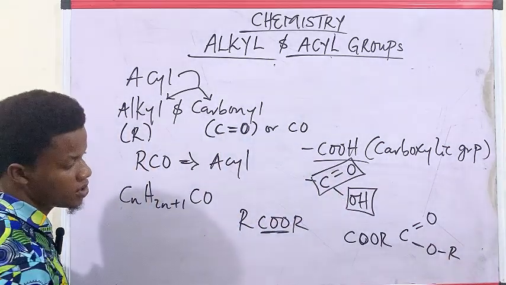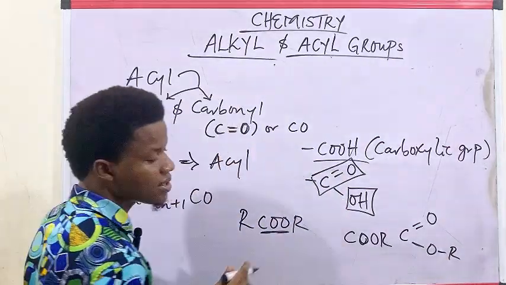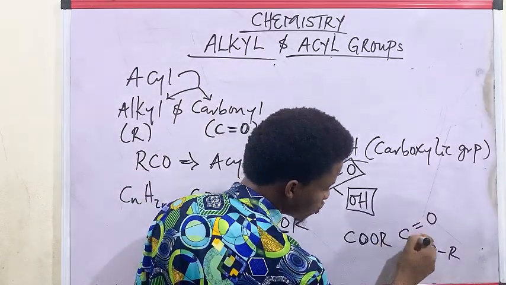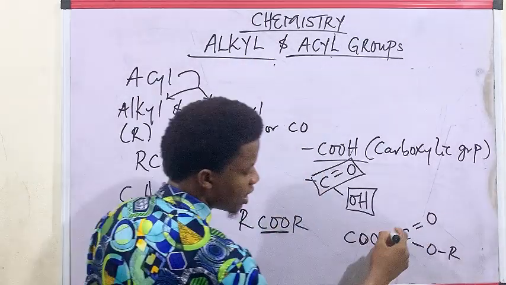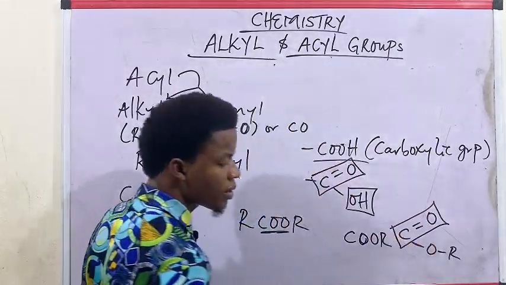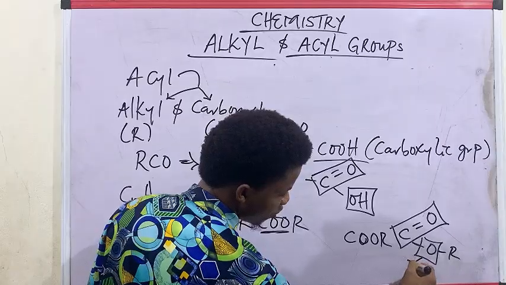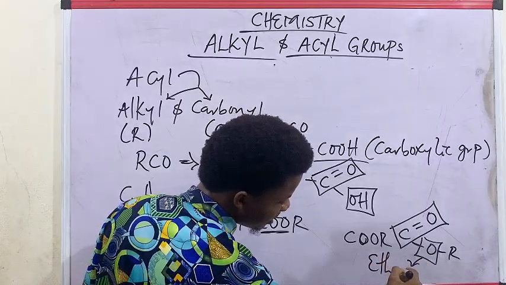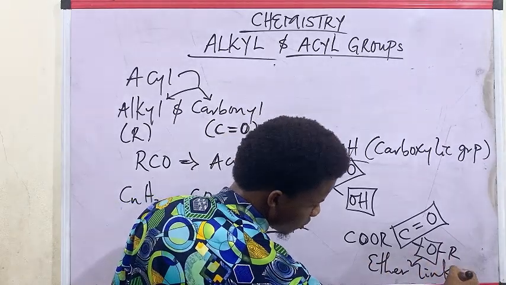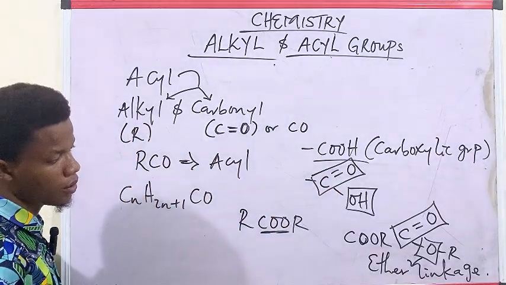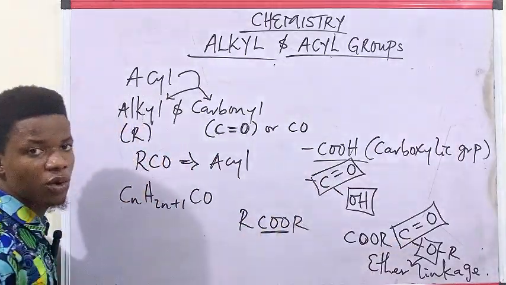So that simply means now that the ester functional group has a carbonyl group and what? It has an ether. This is what you call the ether linkage. So it has carbonyl and then it has what?